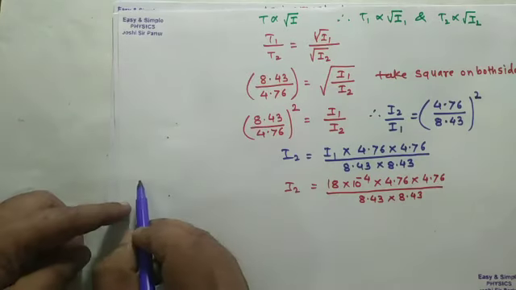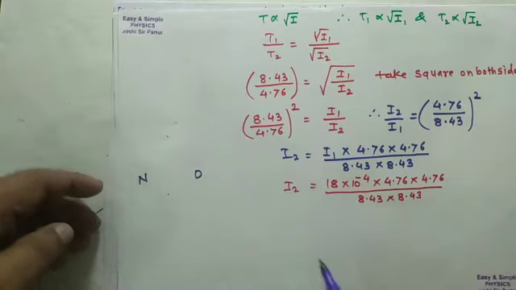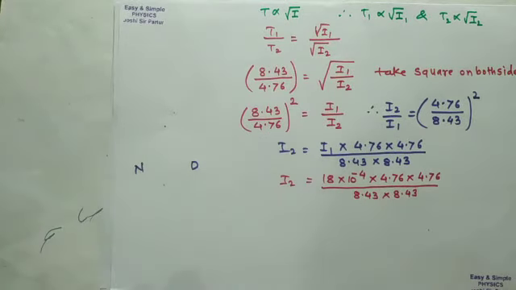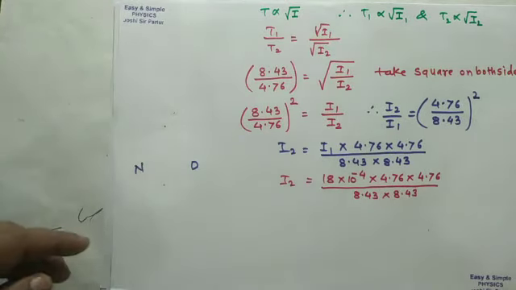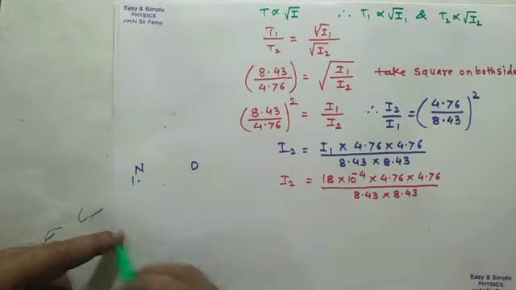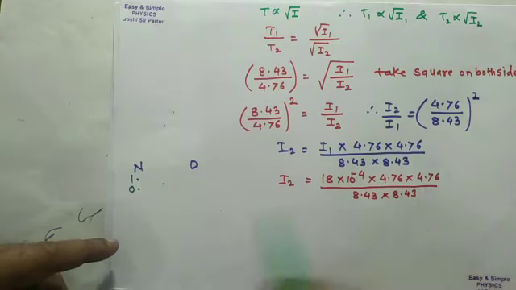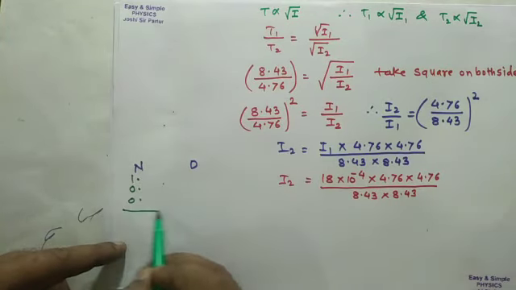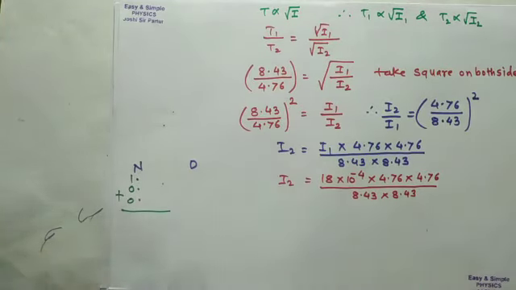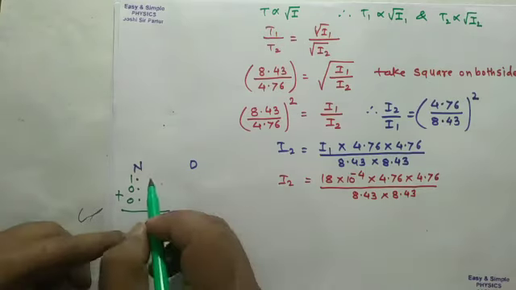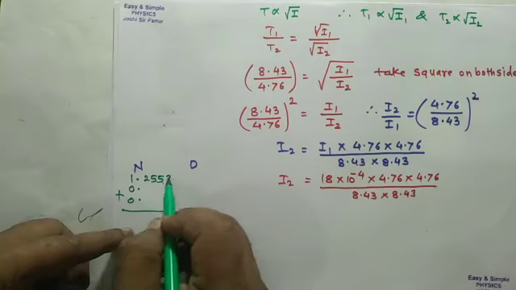See here, numerator is there, here denominator is there. In numerator, 18 has characteristic 1, 4.76 has characteristic 0, 4.76 has characteristic 0. So the log of 18 will be 2553.